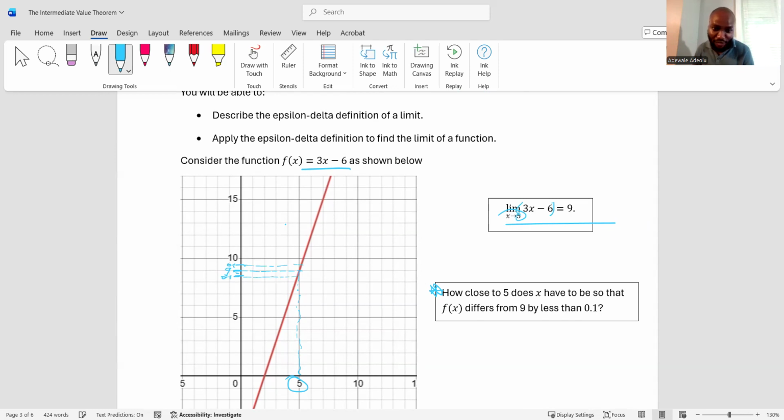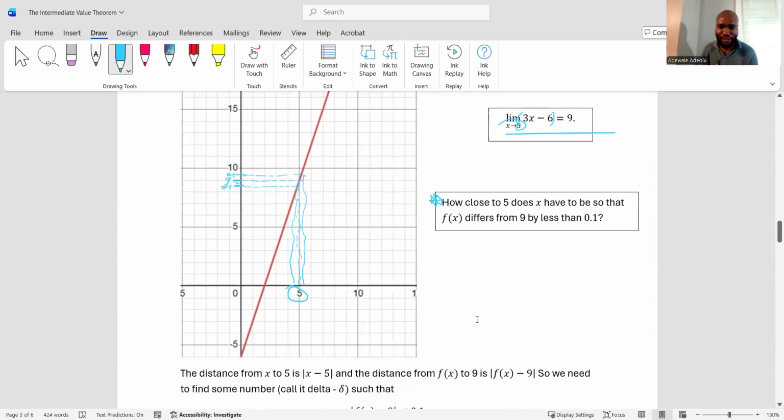Maybe that is 0.5, but I will take it as 0.1. Then I can trace it down. Sorry, guys, my writing pad is not really giving me what I want. Okay, something of that nature.